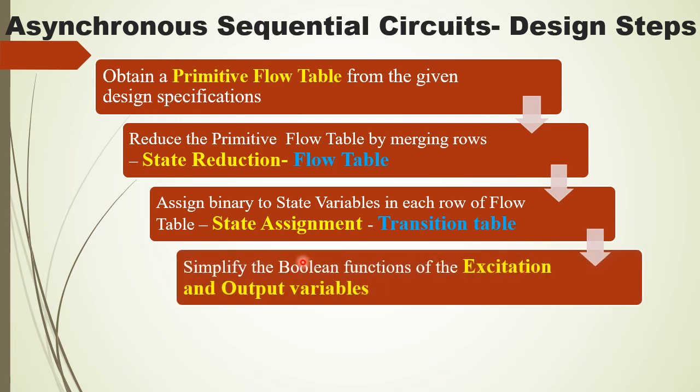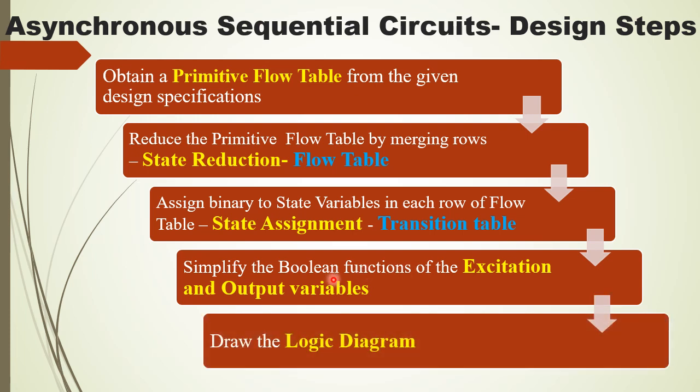Next step is, from the transition table, which consists of information about the excitation variable and the output variable, we will derive a simplified Boolean expression using K-map. And from the expression, the logic diagram is drawn. So we start with the design specification and end up with the logic diagram.